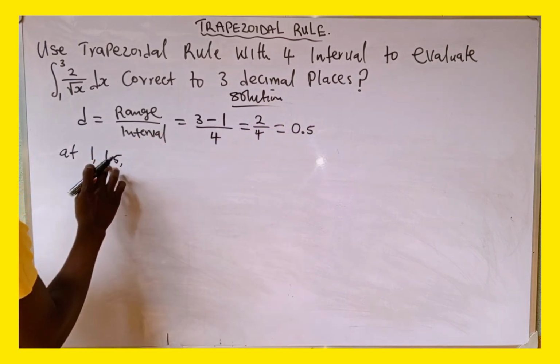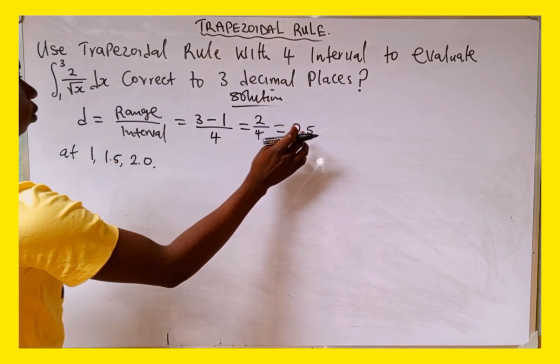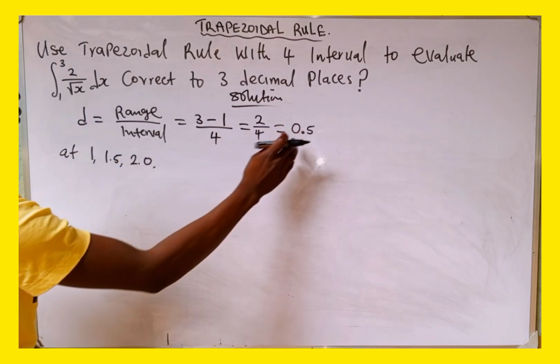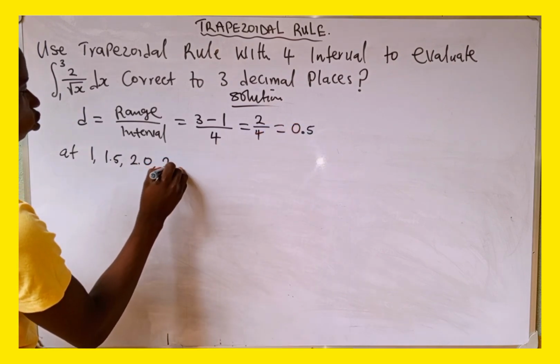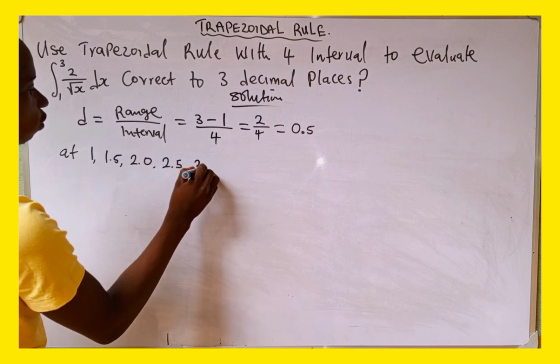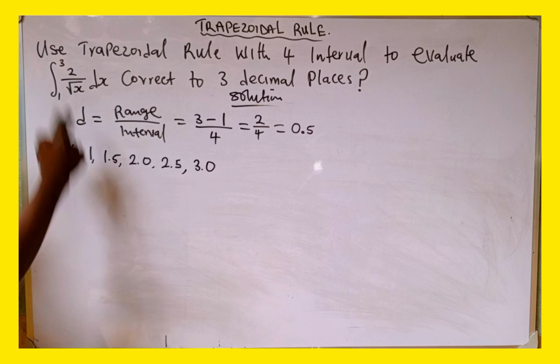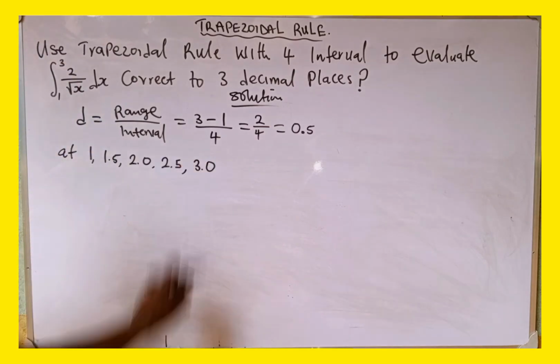Then 1.5 plus 0.5 gives us 2.0. Then 2.0 plus 0.5 gives us 2.5. Then 2.5 plus 0.5 gives us 3.0. And 3.0 is the same as 3, which is the upper limit. So we stop here.